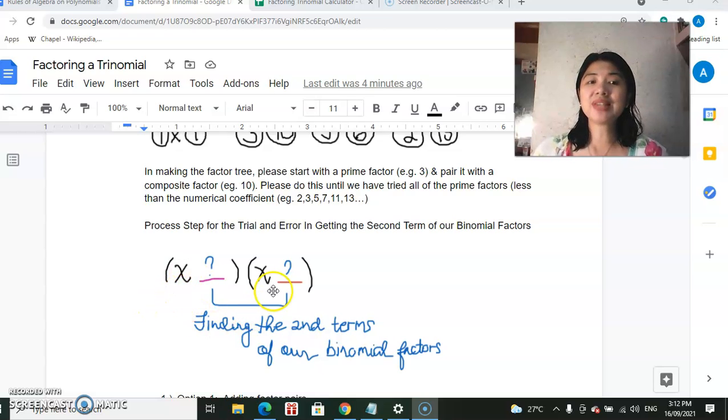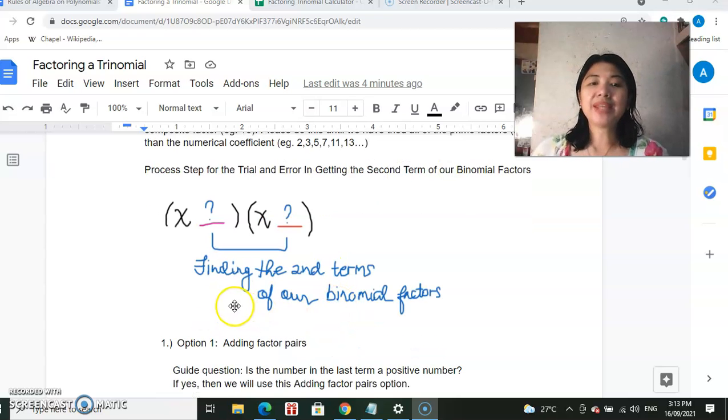That's why we have x and x. We don't know the numbers for the second terms. That will be the objective of this game: we will be finding the second terms of our binomial factors.